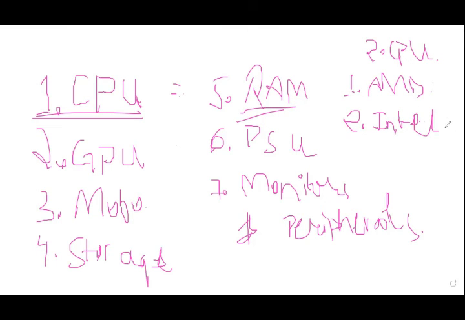These are the major players for x86 architecture chips. The ones you see on your phone and in your iPad are a different architecture, so we are refraining from those. So in the x86 market, we have the two CPU makers, AMD and Intel.